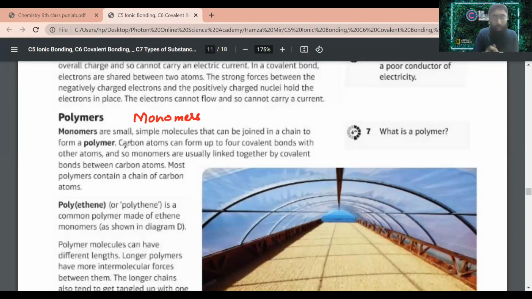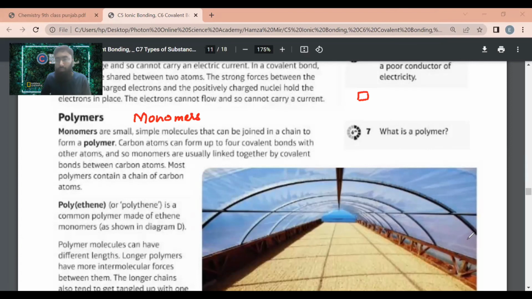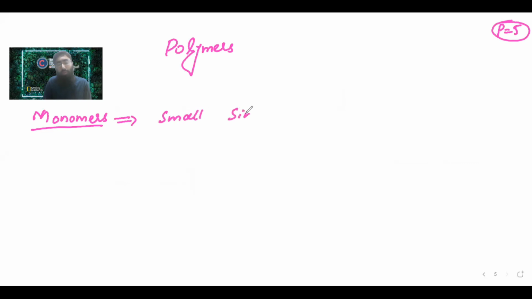We call it a monomer. Just imagine this is a small simple molecule.